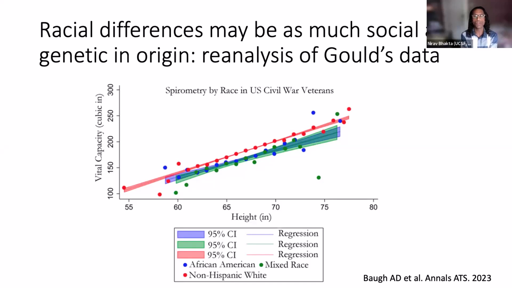So again, mixed race individuals would be treated as African Americans by society and structural institutions more than they would be viewed as white people.